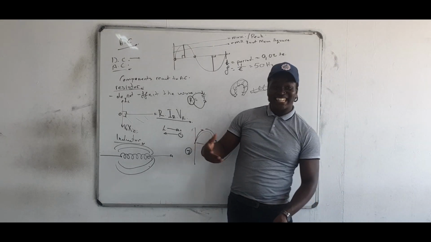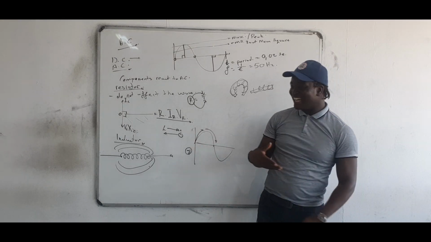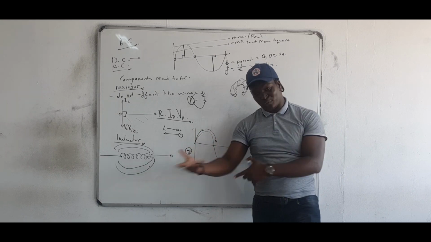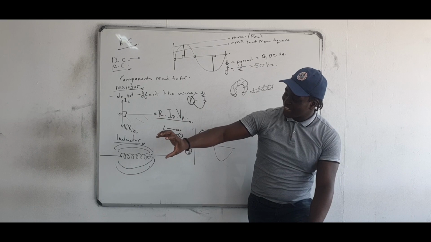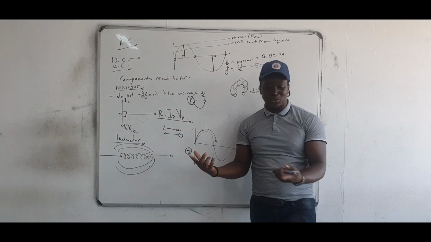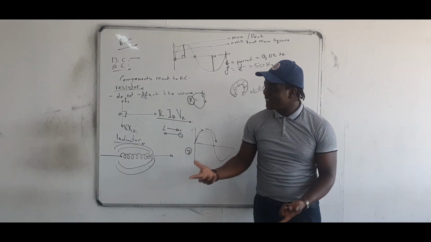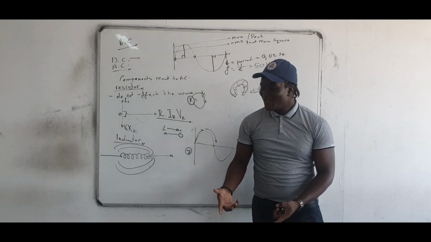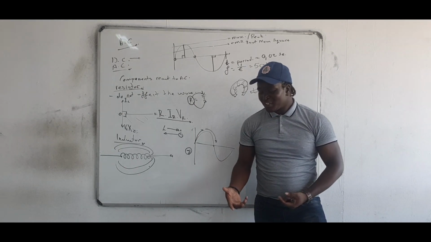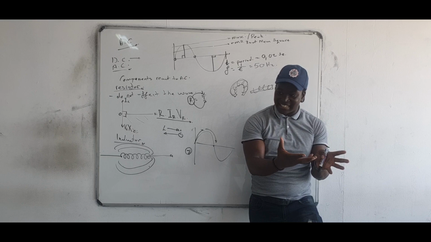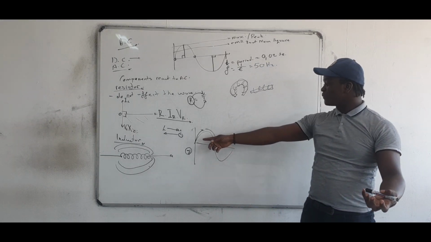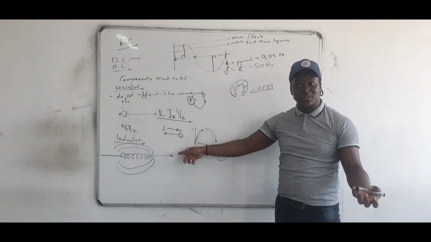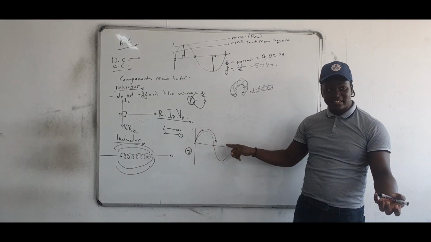Now, let's re-say Lenz's law again, but this time let's focus on voltage. Remember you can't have current without voltage, because you can't have something moving without something that makes it move. Any current carrying conductor has got a magnetic flux, but this magnetic flux is produced by AC.